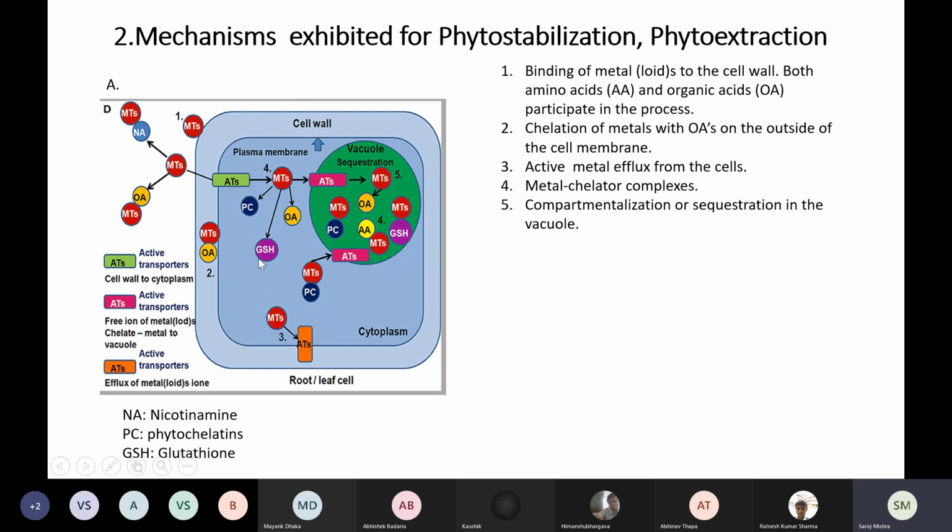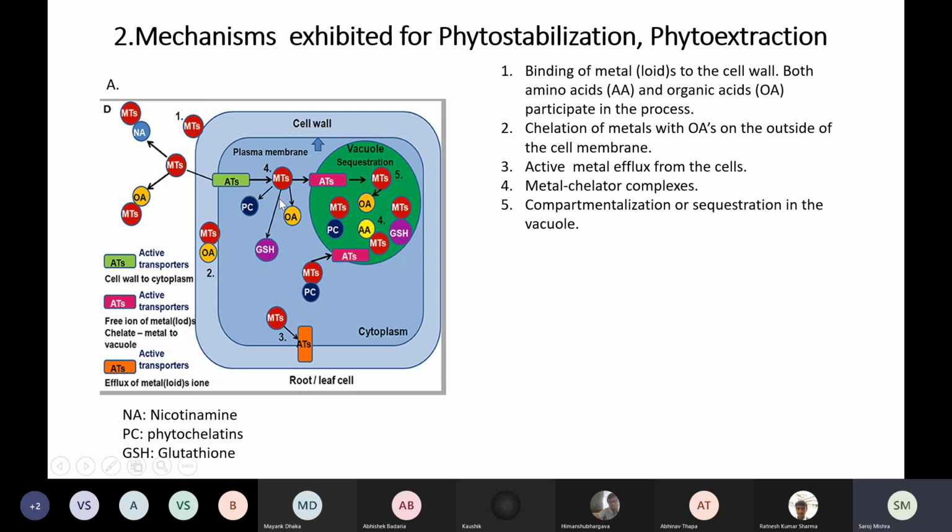They don't get transported. Or else what could happen is that there is a second category of active transporters, which are shown here in red. And these active transporters can take up free ions of these metalloids or chelates and remove them to the vacuole. All plant cells contain vacuoles, in which a lot of things which are excreted out during the metabolic processes can get accumulated.